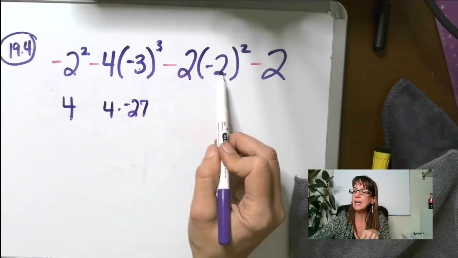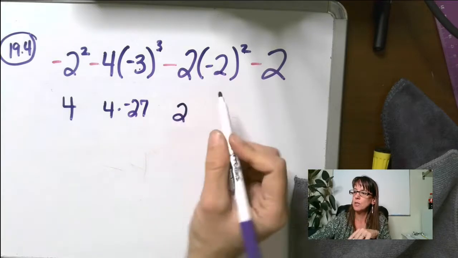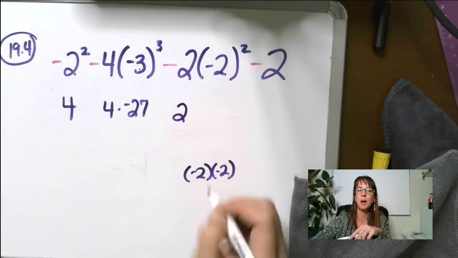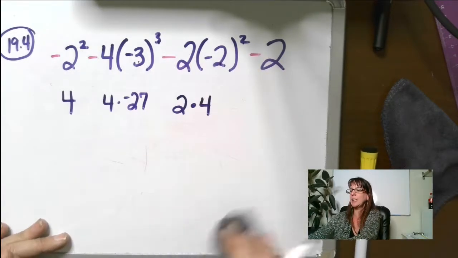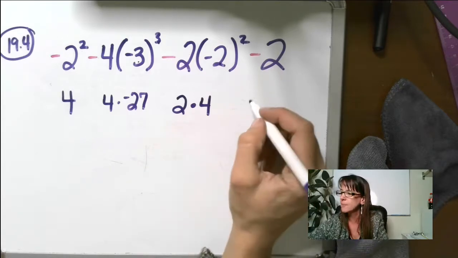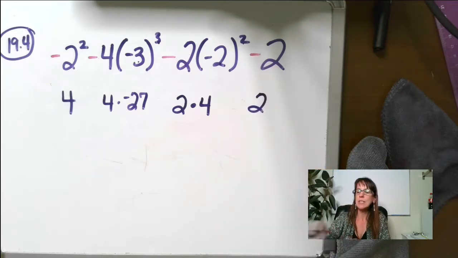Over here, negative 2 times negative 2 gives us positive 4. Once I'm done with my parentheses, I get rid of them. I prefer a dot for multiplication, because I think we use parentheses too much. Then there's the 2, and I'm going to bring down all those signs.